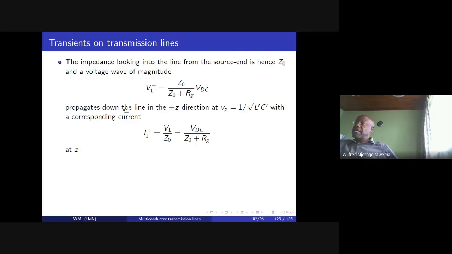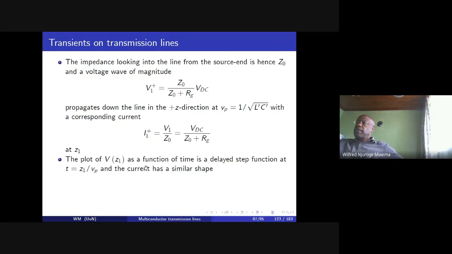A corresponding current wave would be generated that will accompany that V1 plus, the positive going voltage, and it will be given by V1 plus divided by Z0, and we see that that's just VDC over Z0 plus RG at z equal to z1. Okay, so the plot of V at z1 as a function of time is then going to be a delayed step function at t equal to z1 divided by Vp.